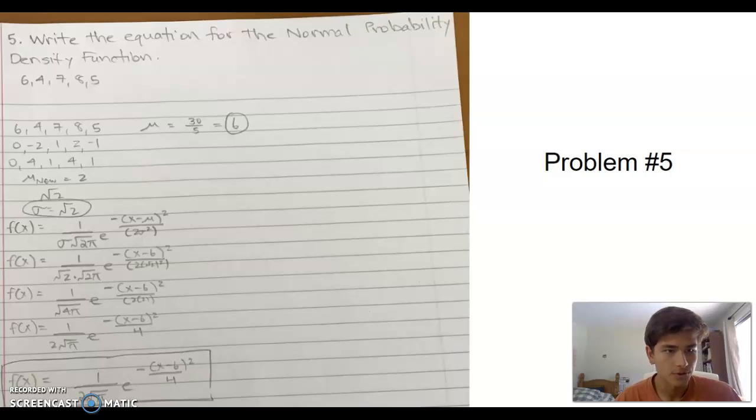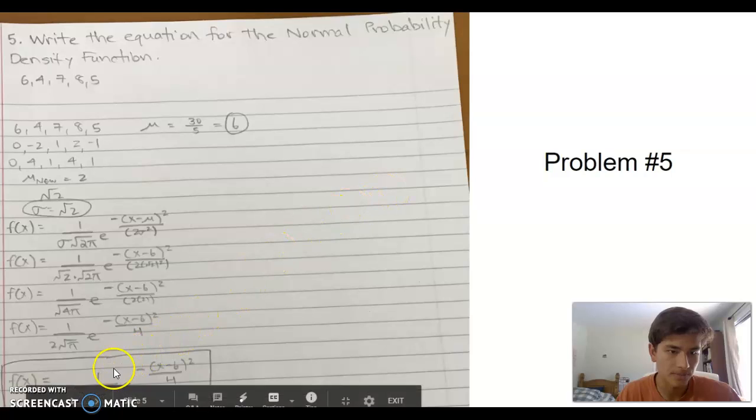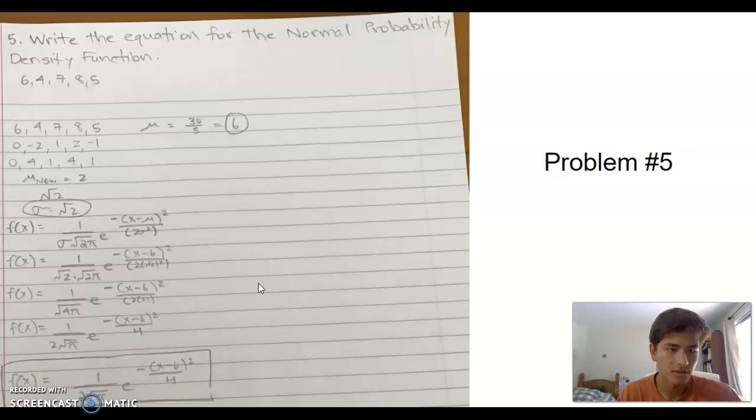Plugged in root 2 for sigma and 6 for mu. Did some simple algebra, simplified until I was able to get to the answer, which is 1 over 2 root pi e to the negative x minus 6 squared over 4. So that's problem number 5.